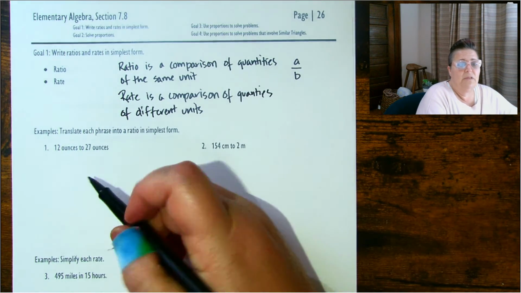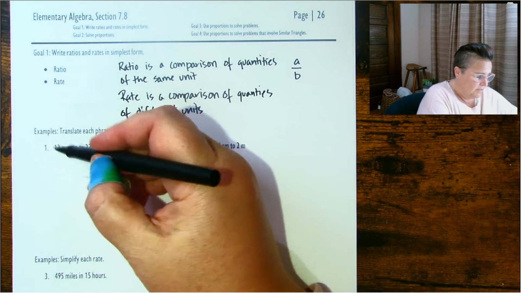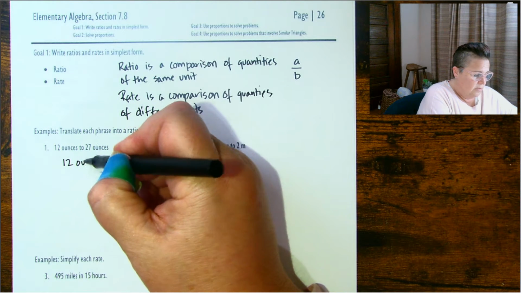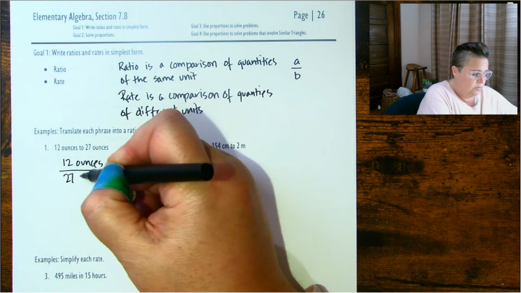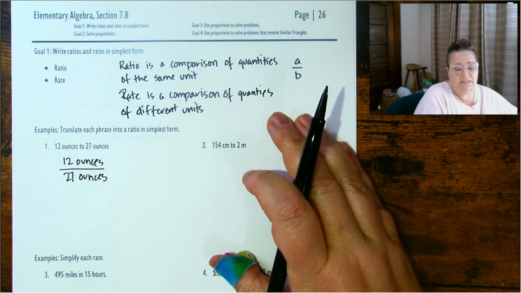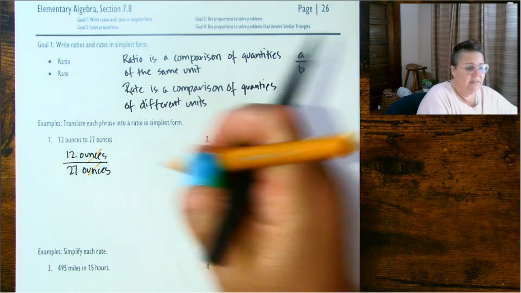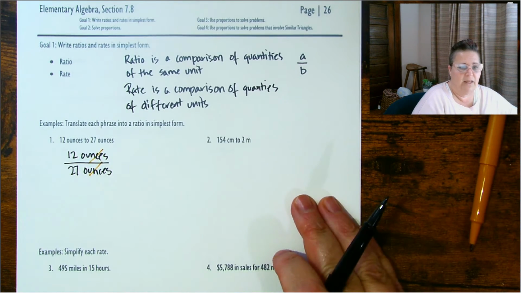Okay? We're going to translate some of these into a ratio in simplest form. For example, here we are comparing 12 ounces to 27 ounces. In a ratio, the first number would be in the numerator. So this is 12 ounces in comparison to 27 ounces. Because the units are the same, they will effectively cancel out, just like if they were X's or Y's or some other letter.